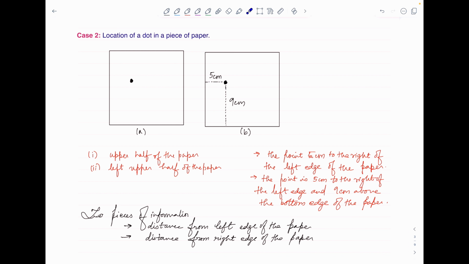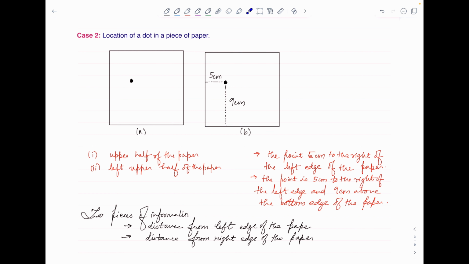The unknown part is the distance from either the top edge or the bottom edge. If I find one distance from the left or right edge, I can find the other one via subtraction. So we don't know the distance from the top or the bottom edge.